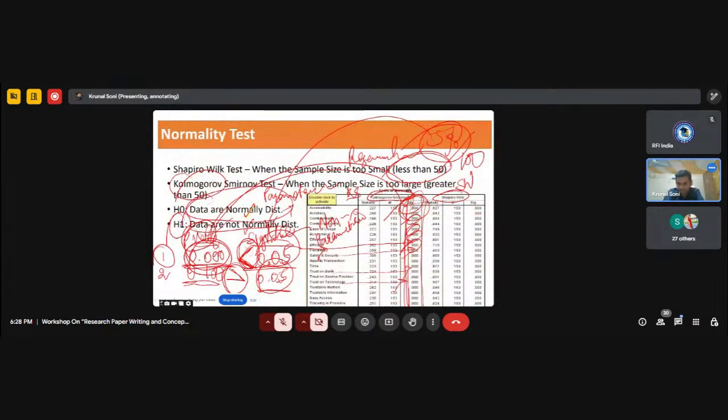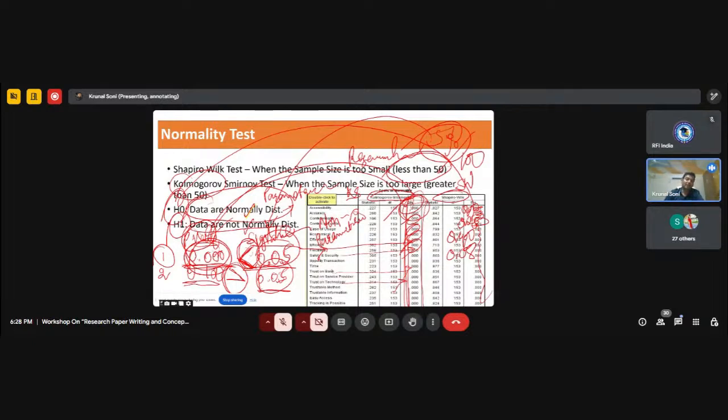So in here, if instead of 0.000, your answers are 0.100, 0.253, 0.400, or 0.08, so in this case, your p-value is greater than 0.05, and then you must accept your null hypothesis, and this says that data are normally distributed.